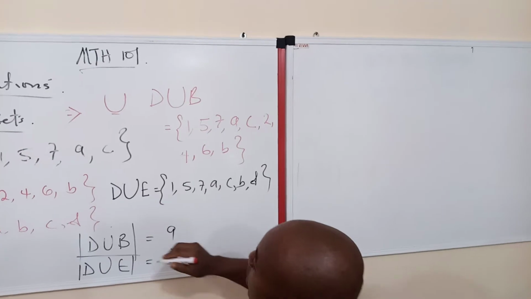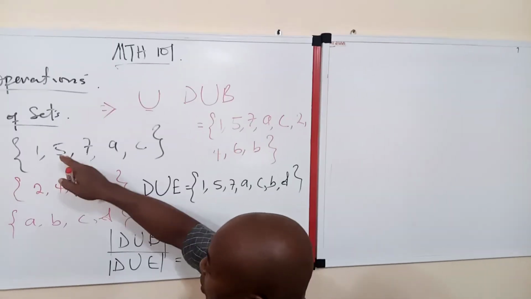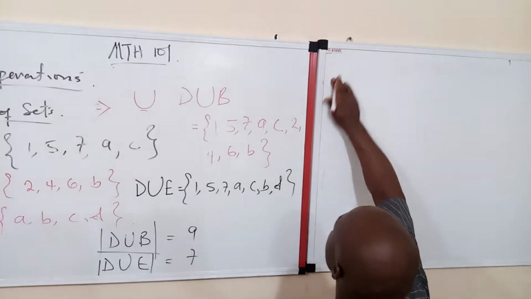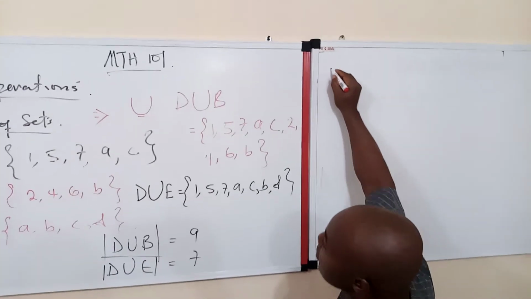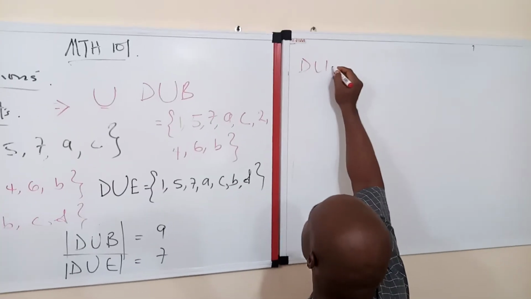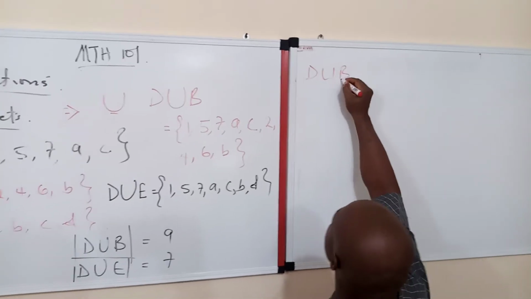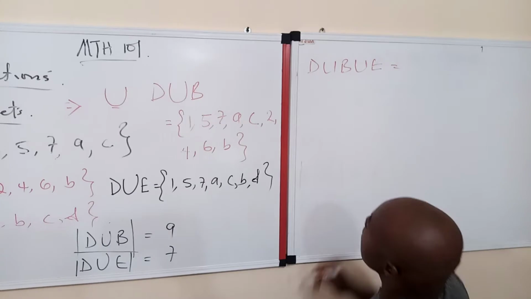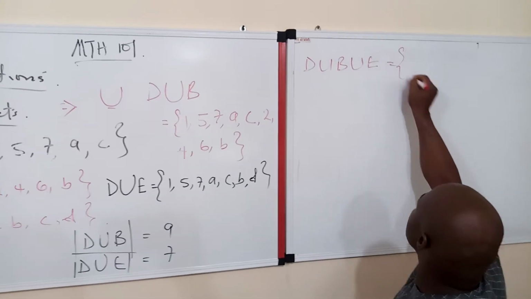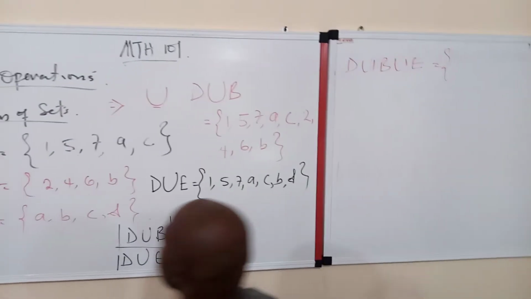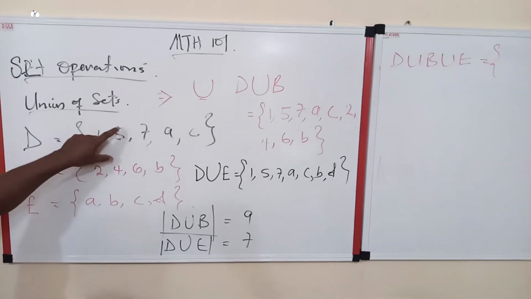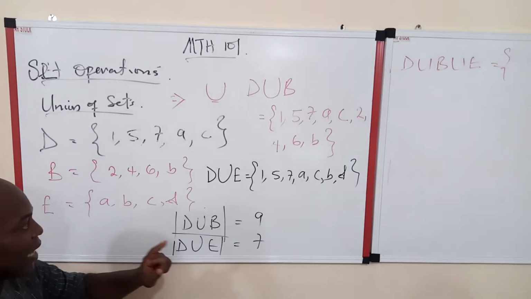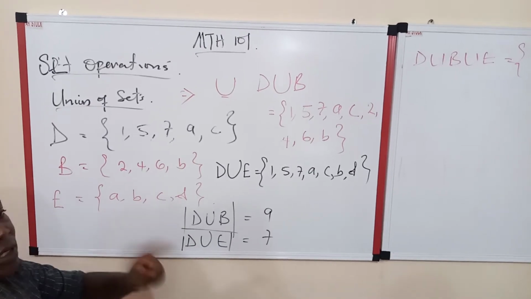If we are to look for the union of D, B, and E, that is D union B union E, it is a different set, a collection where we combine all the individual elements from the various sets. But note that repetition is not allowed.